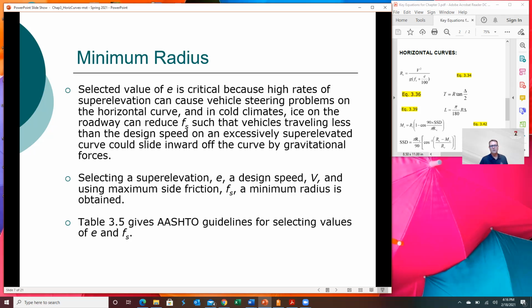The selected value of the superelevation is critical because high rates of superelevation, you can't just make it super steep. The steeper you make it, the faster the car can go generally.